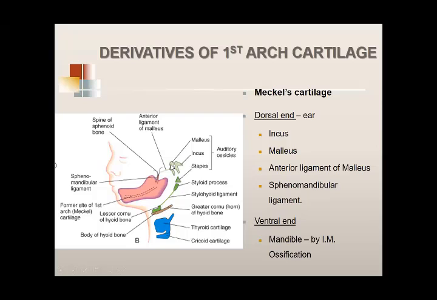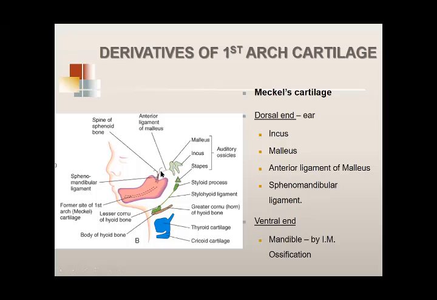So dorsal end develops into incus and malleus. The middle part of this Meckel's cartilage, this degenerates. लेकिन इसकी perichondrium persist करती है, and this perichondrium develops into anterior ligament of the malleus. So this is the anterior ligament of the malleus. This ligament connects to the malleus. Malleus is the bone of the middle ear cavity.